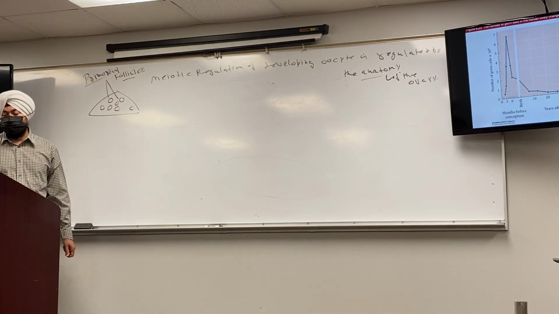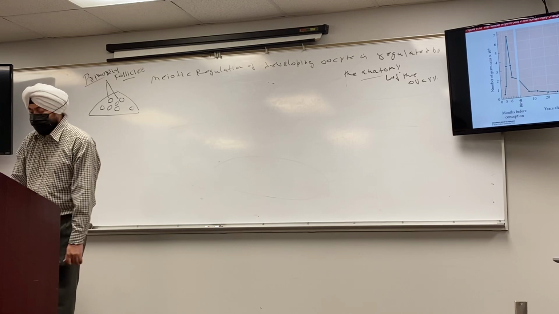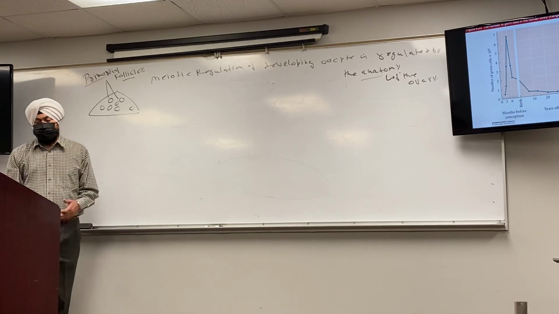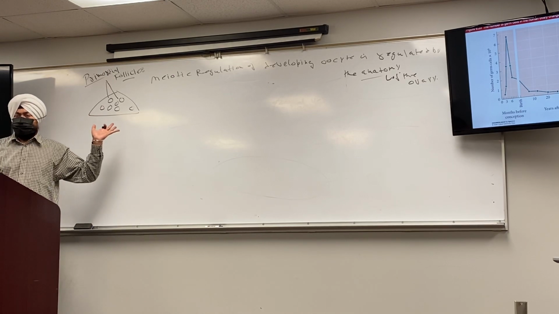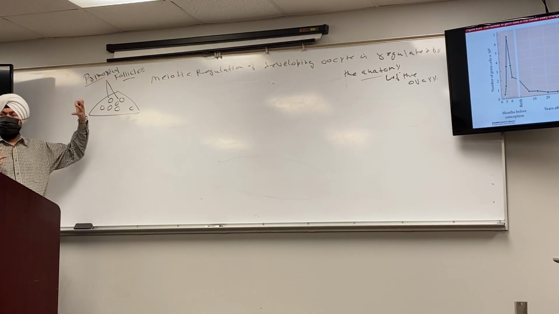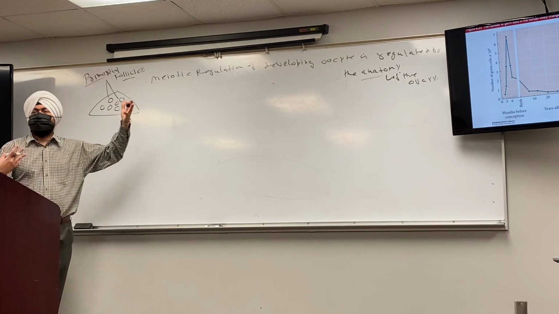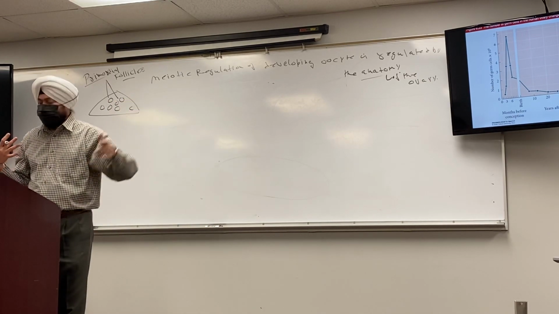These are called primordial follicles. Okay, so they are present in the ovary like this, and they are all present in the dictyate stage.